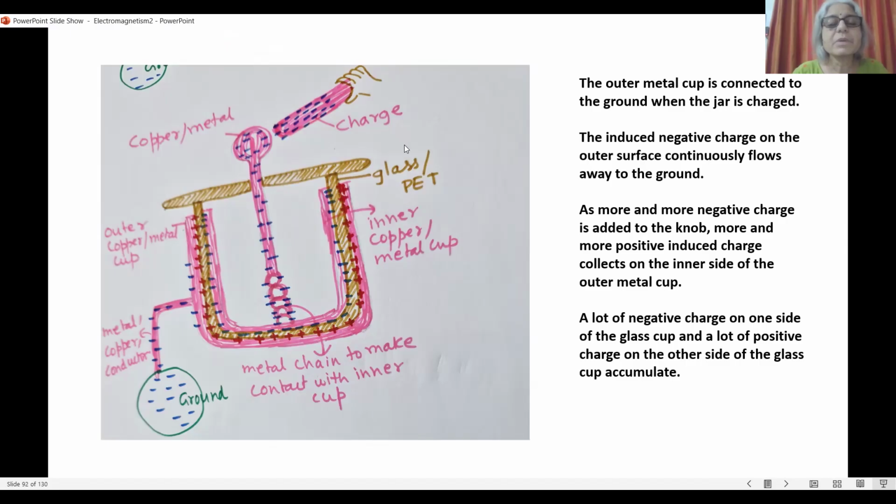Okay, so this way you can keep on bringing more and more charge, and that charge will move to this knob. And so in the end, we will have a lot of negative charge on the inner metal cup, a lot of positive charge on the outer metal cup, which is held captive. And when we touch the inner cup and the outer cup, these charges will rush towards each other and a lot of current will flow.